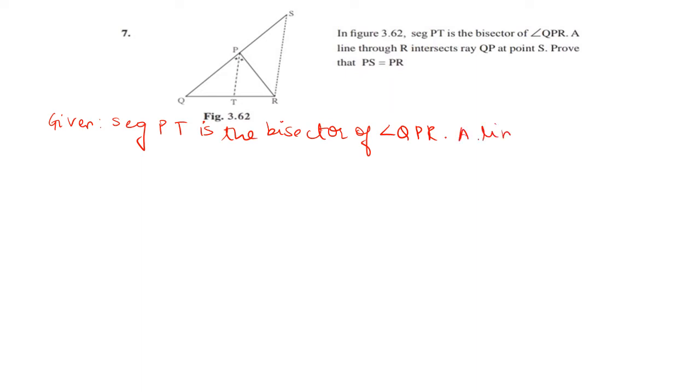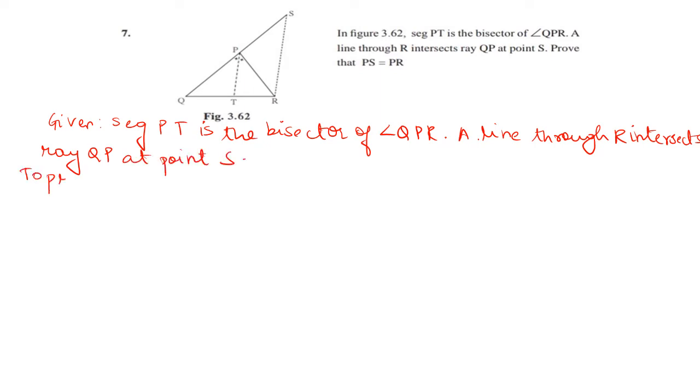A line through R intersects ray QP at point S. You need to prove that PS is equal to PR.